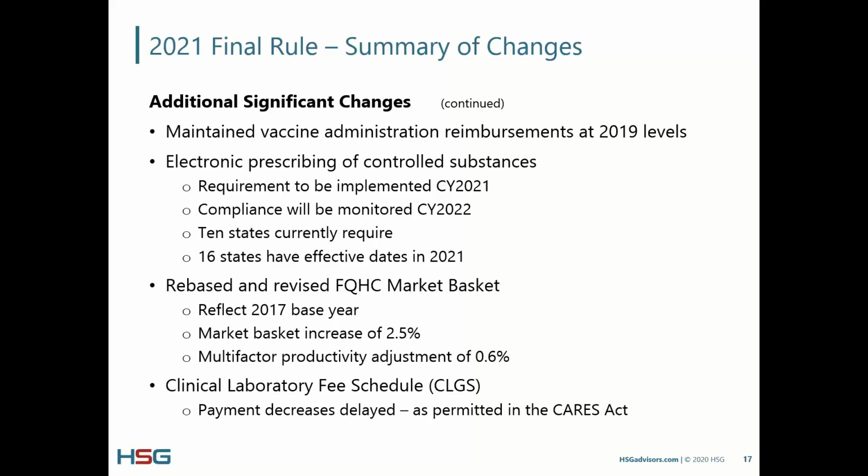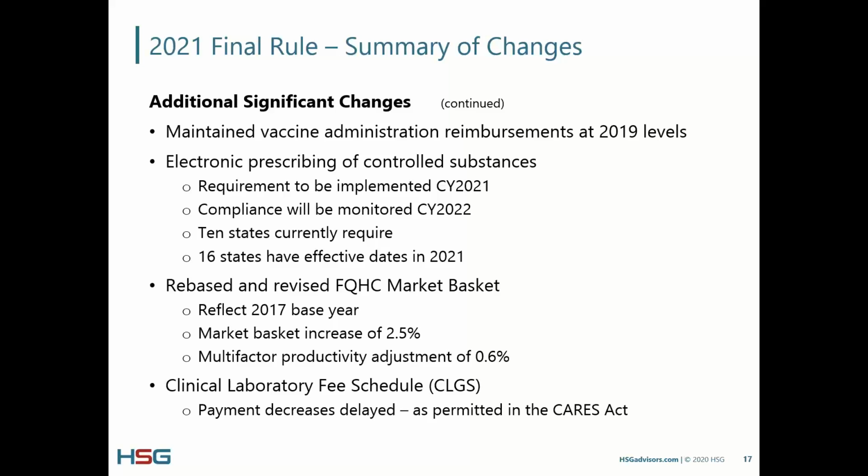Now, for practices in some states, this is not going to be a new requirement. For instance, 10 states currently require electronic prescribing of controlled substances, and 16 other states have effective dates that'll occur in 2021, many of them on January 1st, which would be coincident with the original timelines.